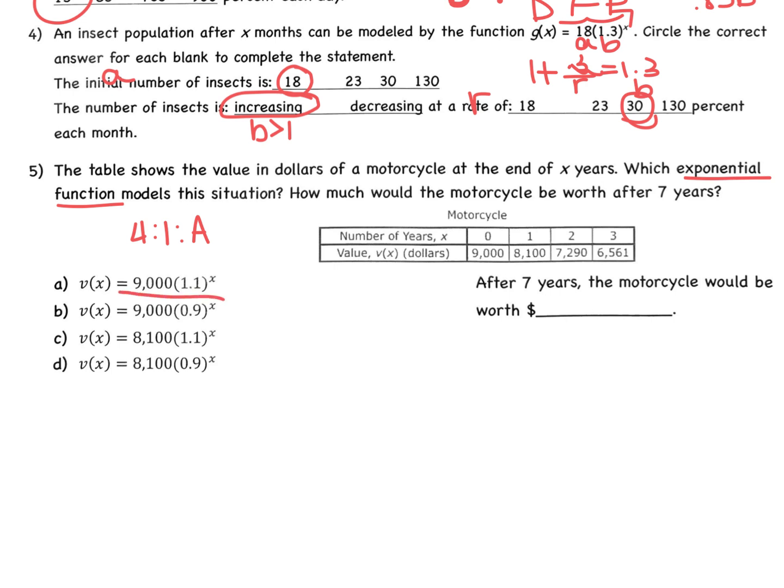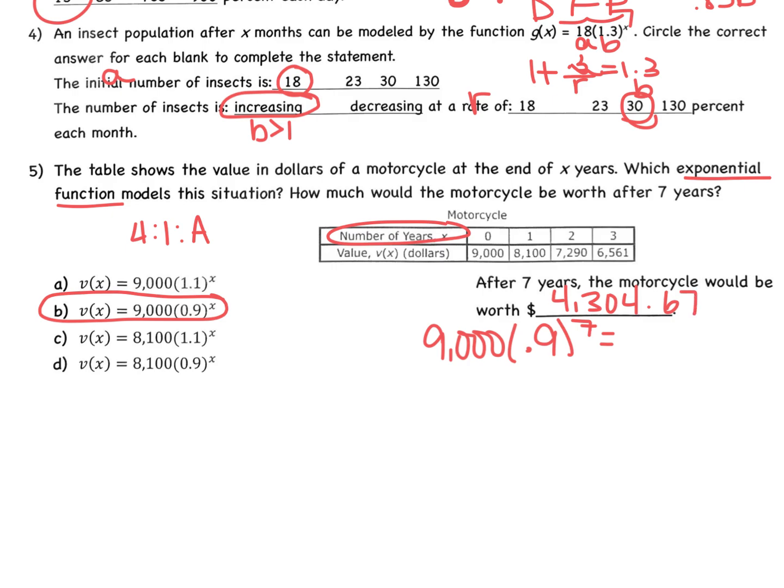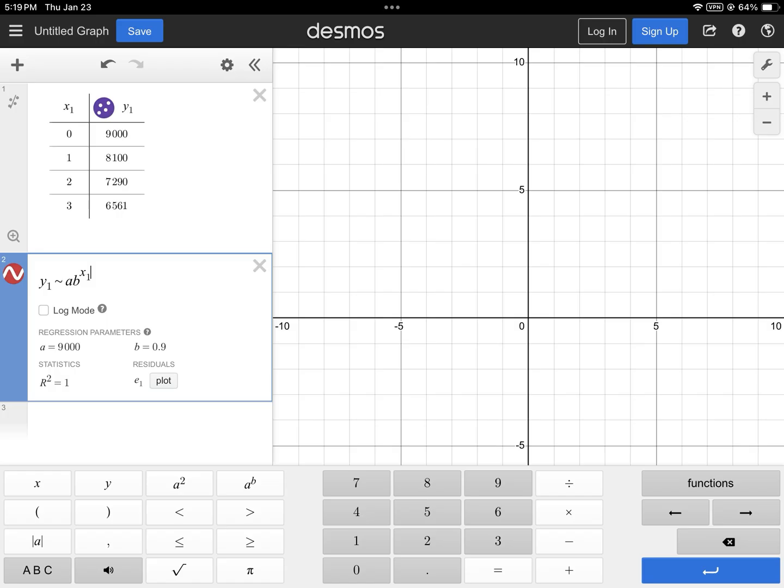So then after 7 years, so this is years, remember, is X. So you're going to have to do 9,000 in your calculator or in Desmos times 0.9 to the 7. And when you do that, you get 4,304.67. Desmos, so you can see here, I've got A is 9,000 and B is 0.9.